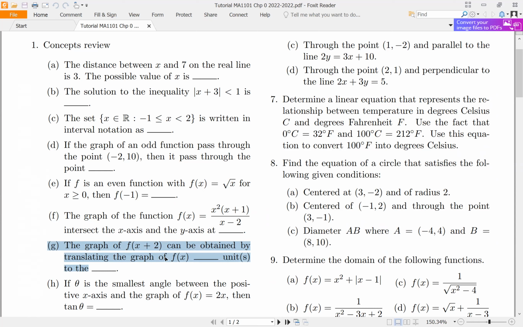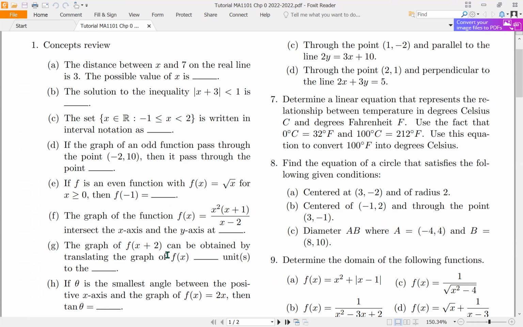So you have to know, if you are given the graph of the function, how to sketch the graph of the function by considering translation horizontally, with respect to the x-axis, or translation vertically, with respect to the y-axis.